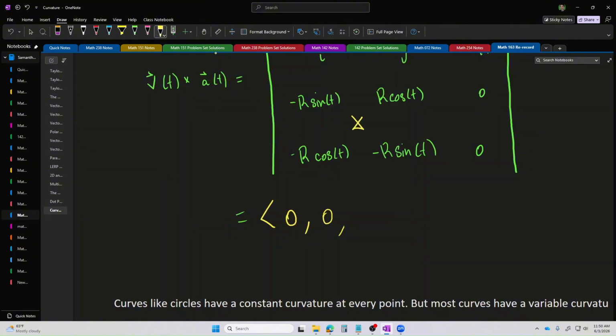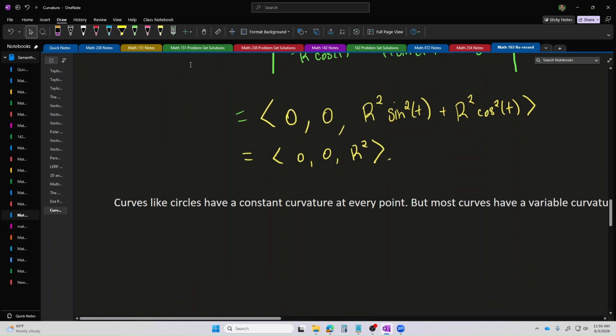If I multiply together the products in the main diagonal and then subtract the result on the off diagonal, I get positive r squared times sine squared, and then plus, from minus negative, plus r squared cosine squared, which again can be simplified using the Pythagorean identity. That z component is just r squared.